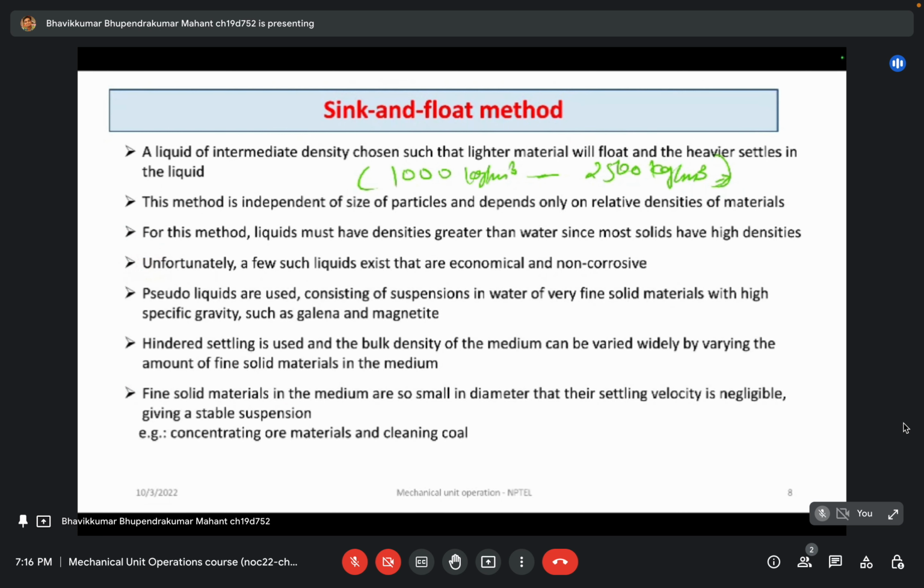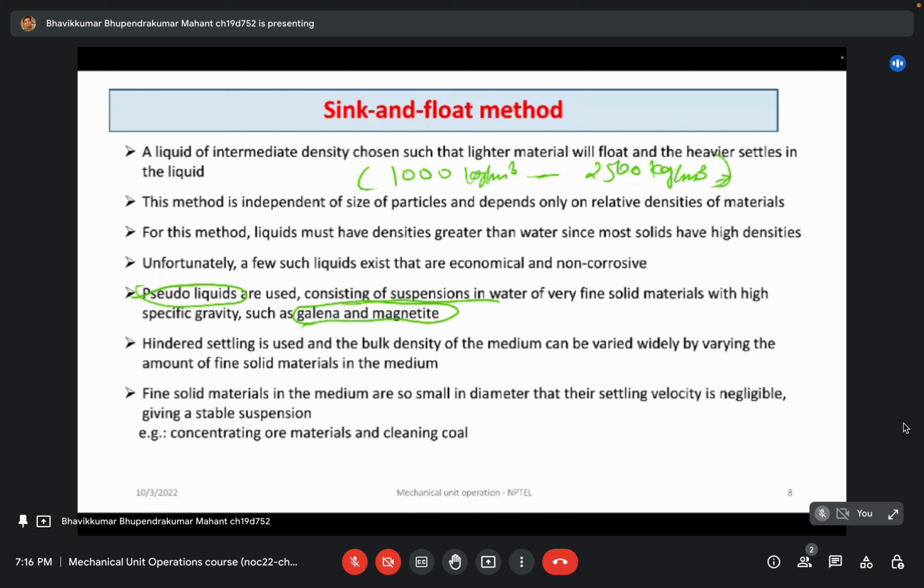So most of the time, pseudo liquids are used. Pseudo liquids are suspensions in water of very fine solid materials, depending on the required specific gravity. The most popular pseudo liquids are made from a water suspension of galena or magnetite particles, which are solid particles only.